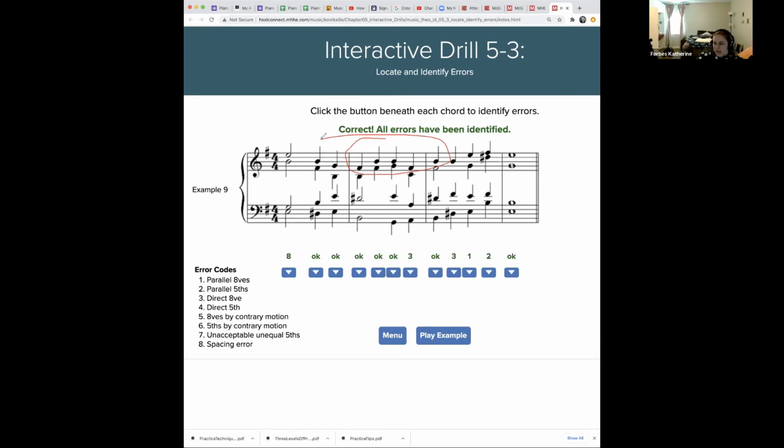It's not consecutive. But, well, here they are. Those are consecutive leaps, are they not? Yeah, but they're not going in the same direction. But that's not what it says, right? Well, what does it say? It says consecutive leaps should outline a triad. Okay, so not necessarily the same direction. Right.